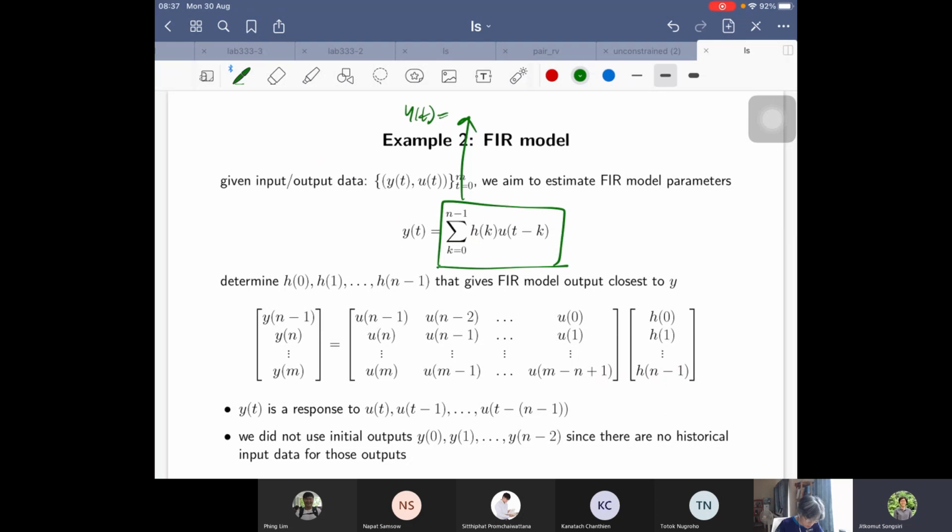Napat, can you write h of 0 and u_t plus h of 1 and u of t minus 1, plus dot dot dot, until the last term, h of n minus 1. Yes. And u of t minus n plus 1. All right.